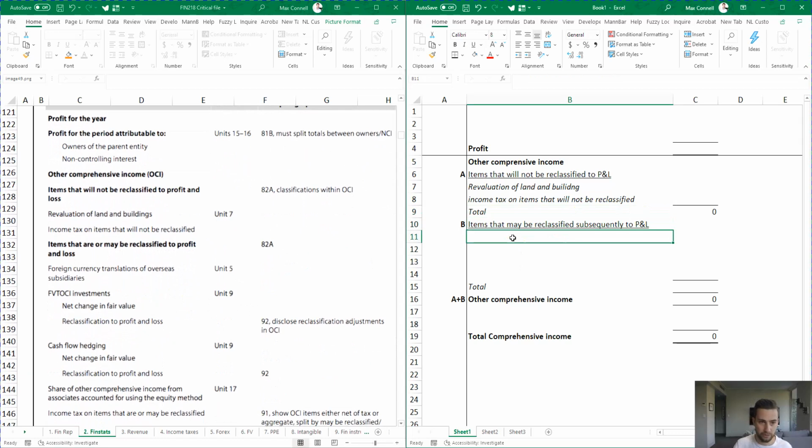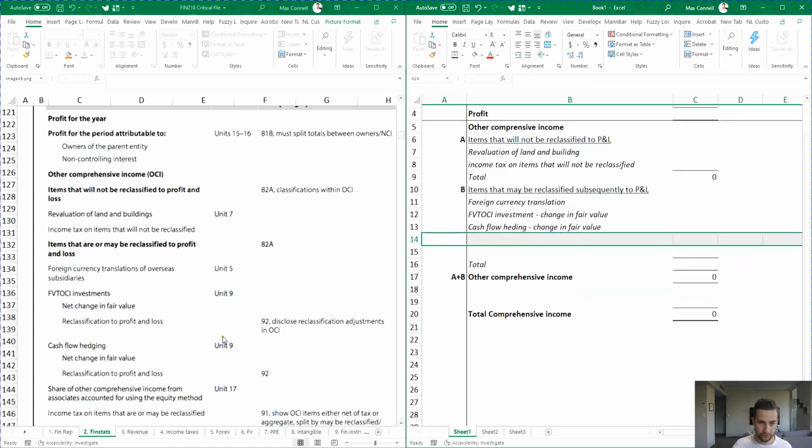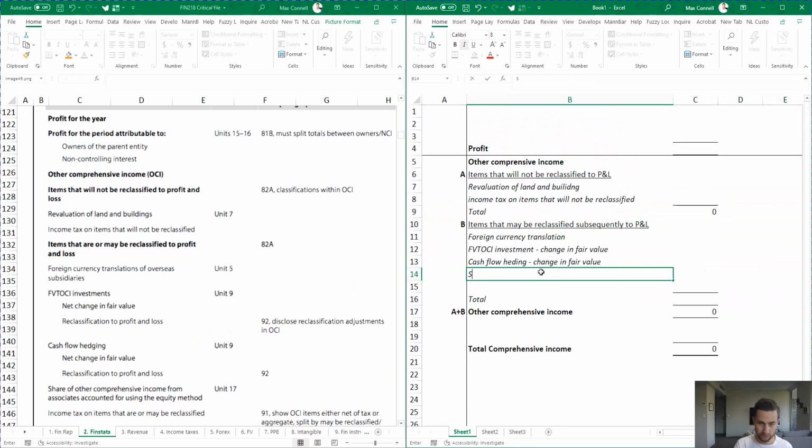So we've got foreign currency translation, fair value through other comprehensive income investments, change in fair value, cash flow hedging, change in fair value. We've also got share of OCI from associates accounted for using equity method.